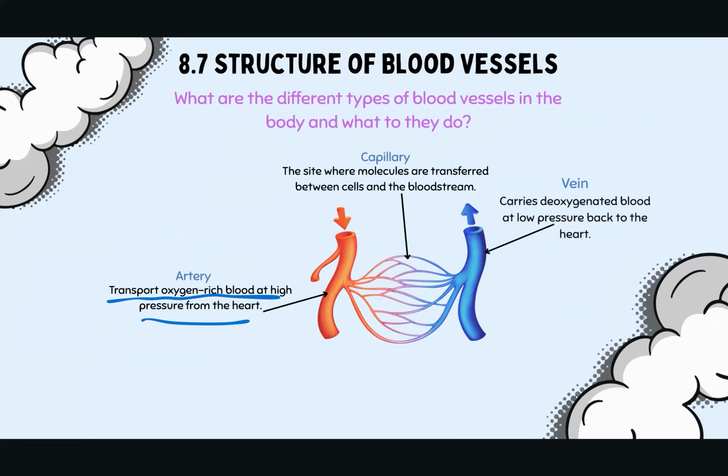Now, the capillary is the site where molecules are transferred between cells and the bloodstream. So you have your artery, which is quite wide, especially the aorta. Then that splits into the arterioles, which are narrower. After a few more splits, you get the capillaries, which are only one cell thick.